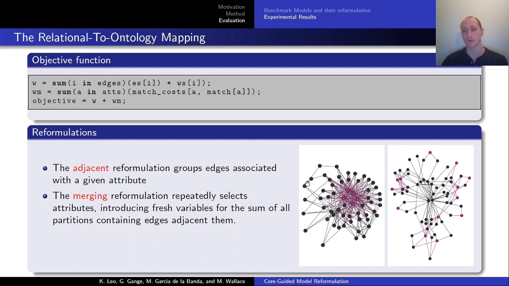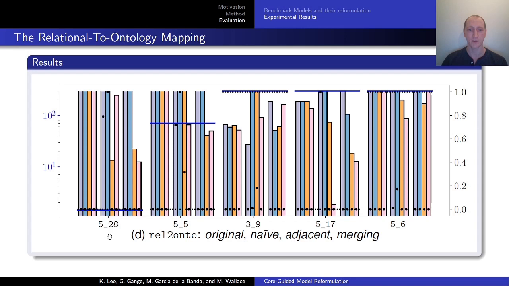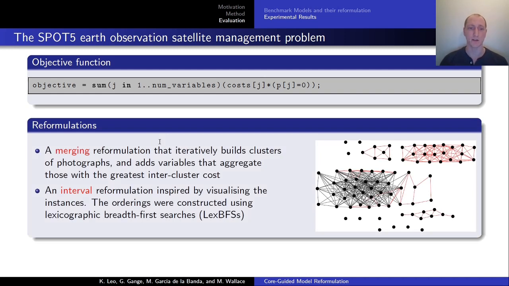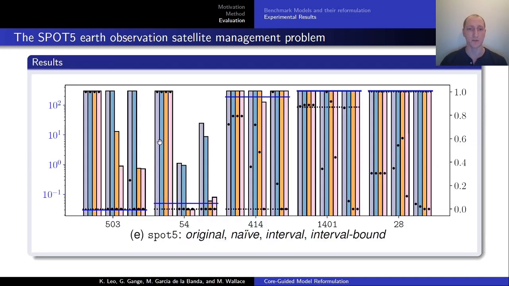When we moved to a different instance, we realized that there were structures in the data that we needed to address. So we came up with this merging strategy. And for the Spot 5 model, we also had some reformulations, and these performed well for lazy clause generation solvers again.